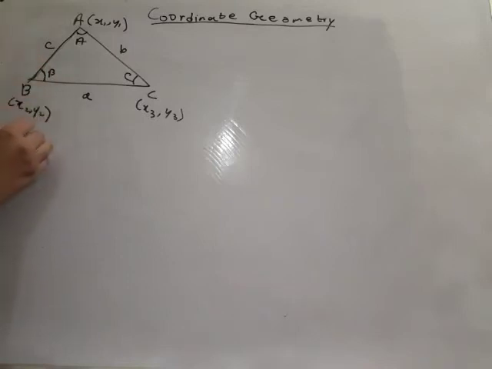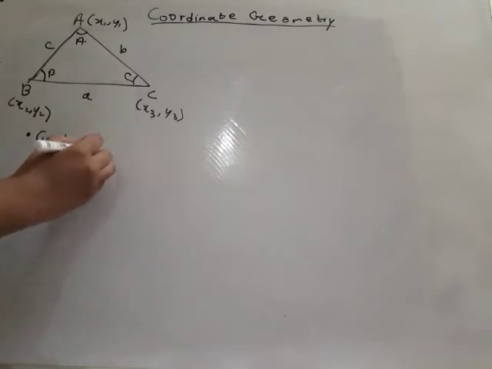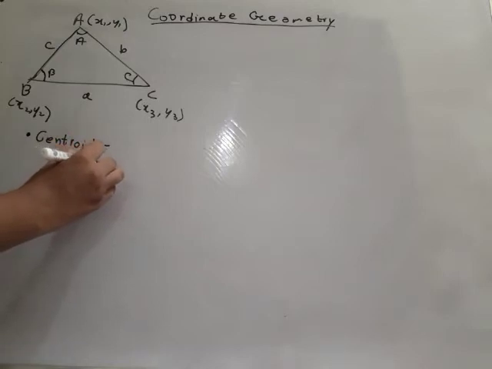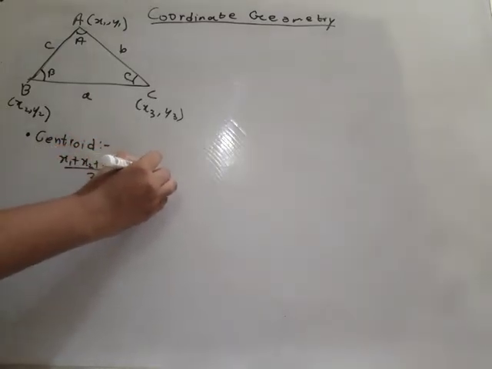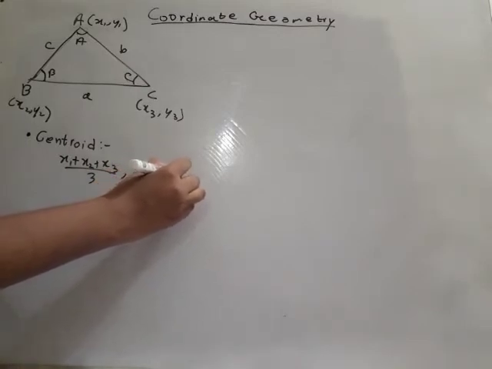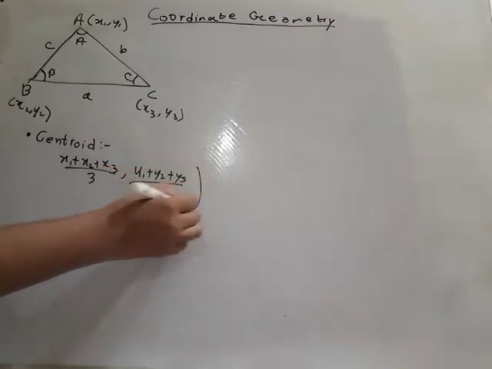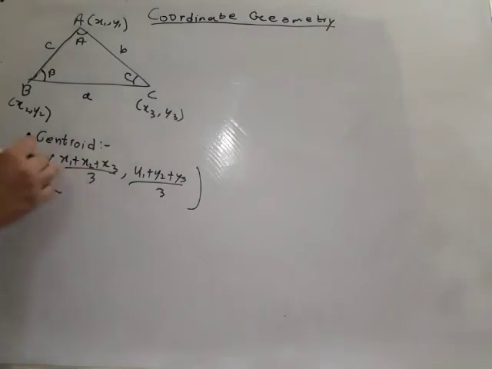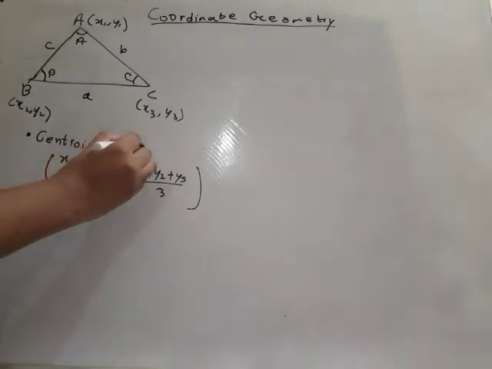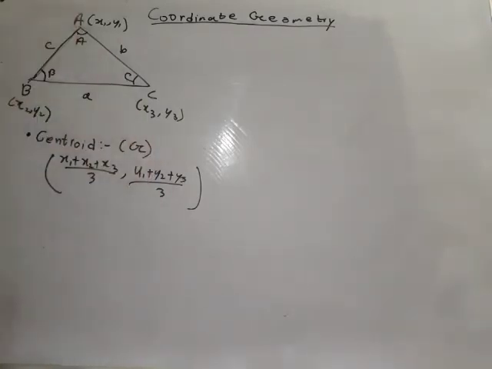First one, this is centroid. Centroid is given by x1 plus x2 plus x3 by 3 and y1 plus y2 plus y3 by 3. This is the centroid. Centroid is often termed as G. Now what is centroid?